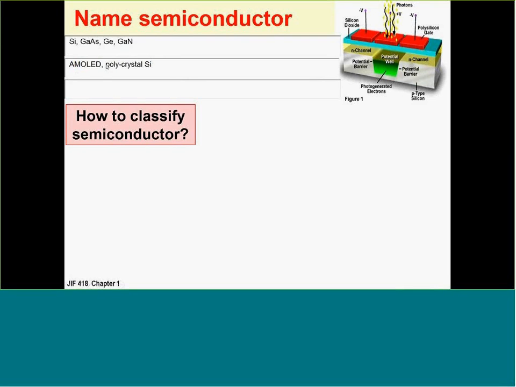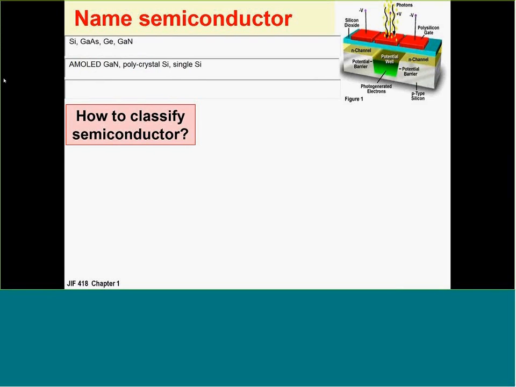So we can also classify the semiconductor based on its atomic arrangement. And of course, single crystal. For this AMOLED, let's say, gallium nitride.